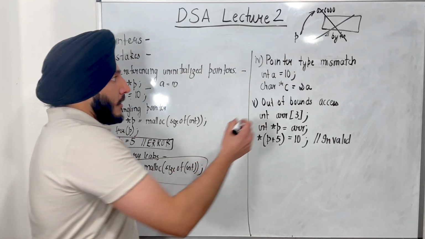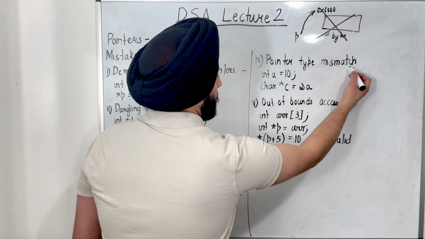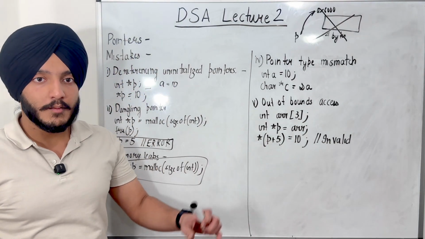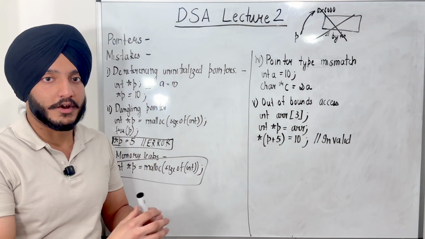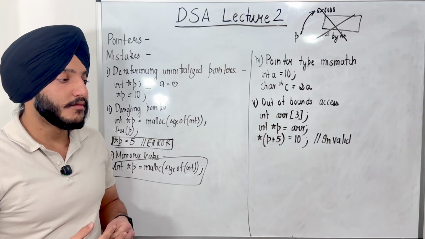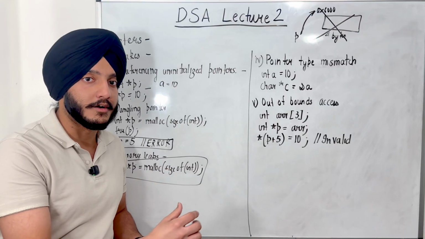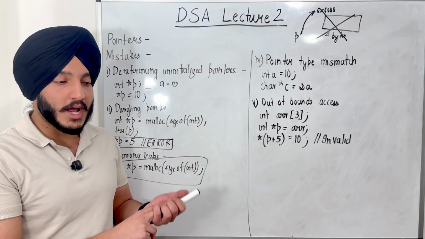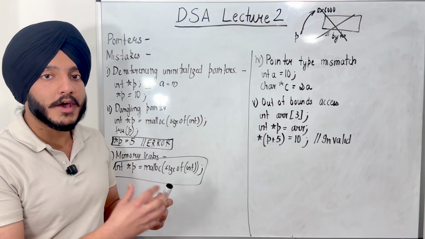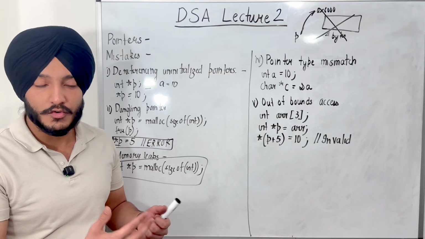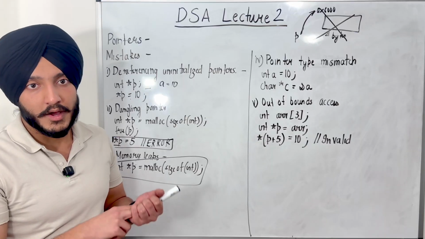The next one is the pointer type mismatch. Just like I said, for a particular data type, we need to declare the pointer for it as well. So if I need to point to a character, I need to create a pointer to a character. Why? Because different data types require different amounts of memory. A char usually requires 1 byte, while integers usually require 4 bytes.